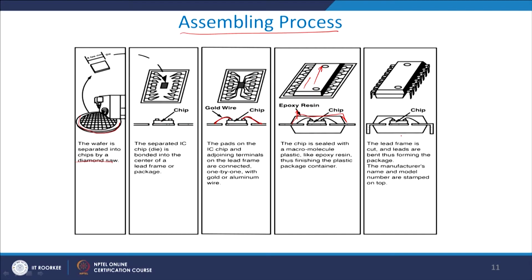The lead frame is then cut and bent along this direction, and then you can put the name of the firm which has made it and what type of IC this is. Its identification mark can be placed here.